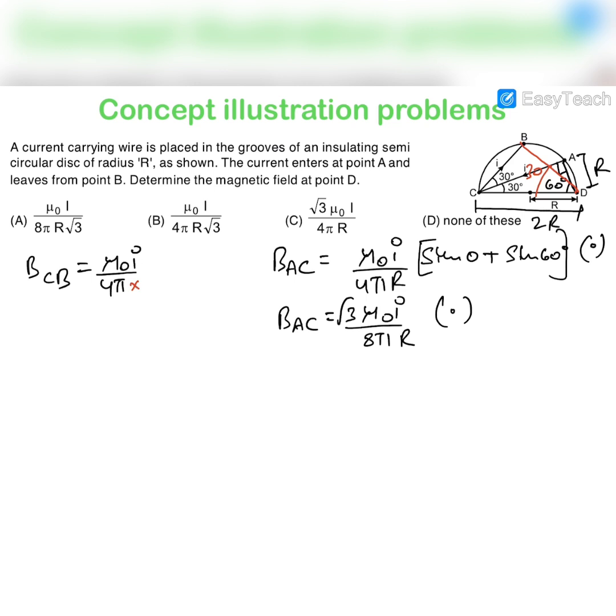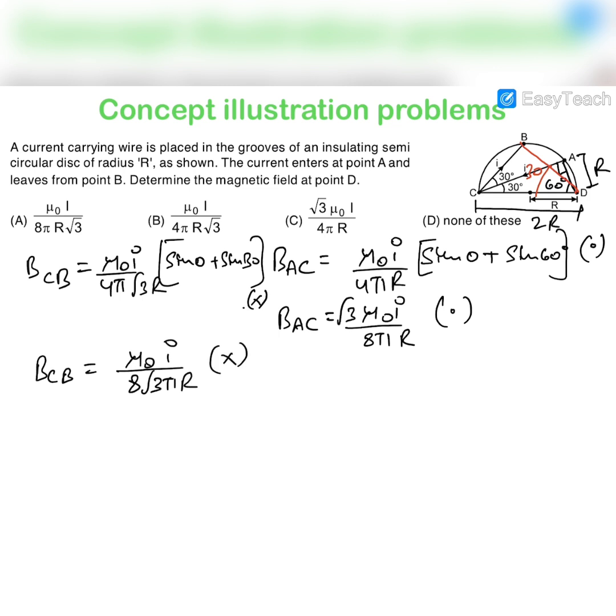So 2r cos 30 will be equal to root 3 r. And the one angle is obviously 0 again, and the other angle is 30 degree. You can see, so sine 0 plus sine 30. And the direction will be cross. So BCB will be equal to mu naught I by 8 root 3 pi r, and the direction will be cross.